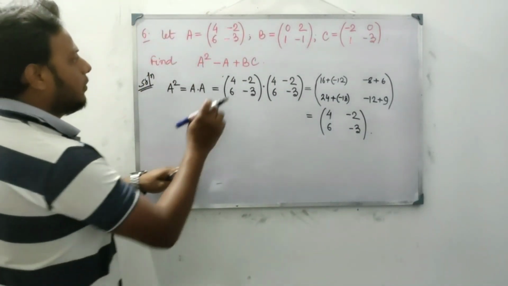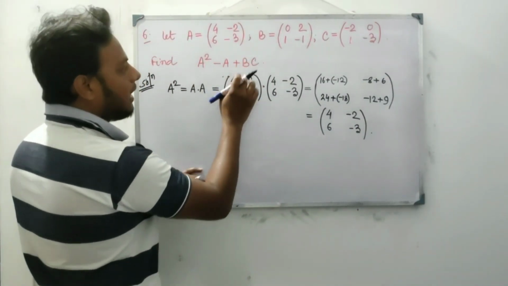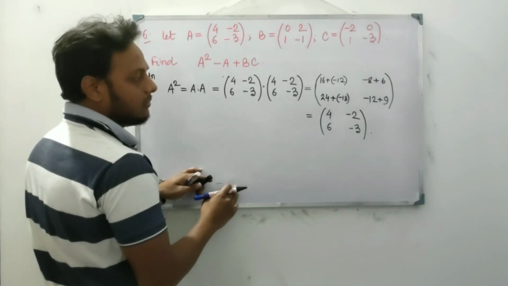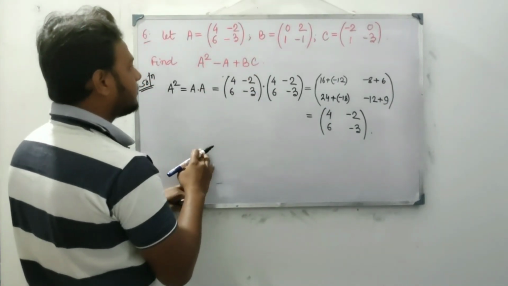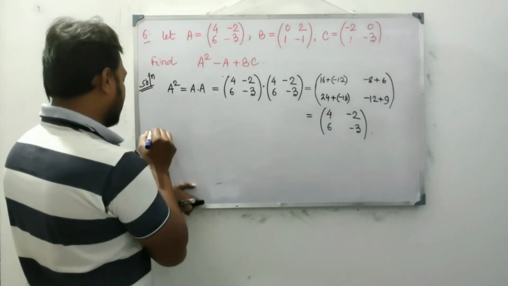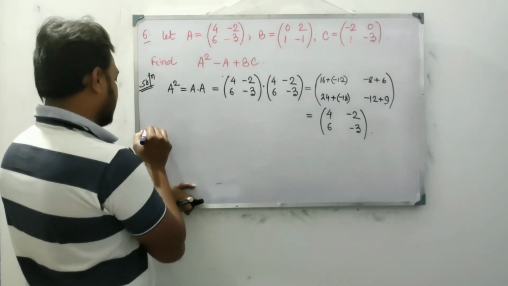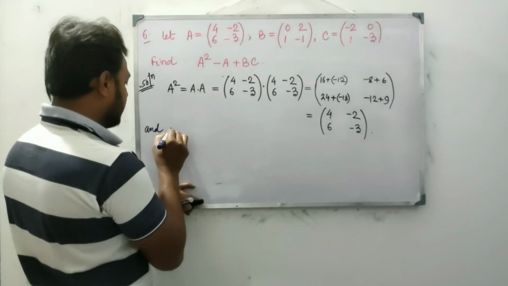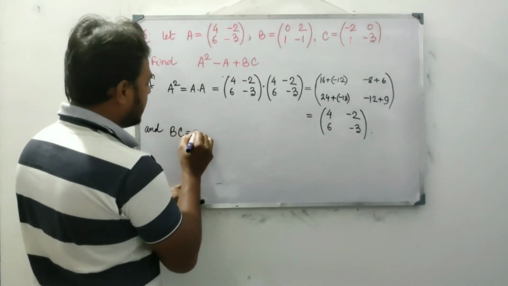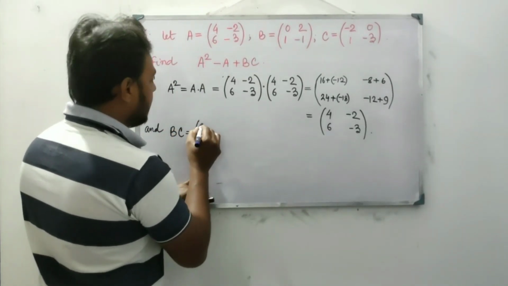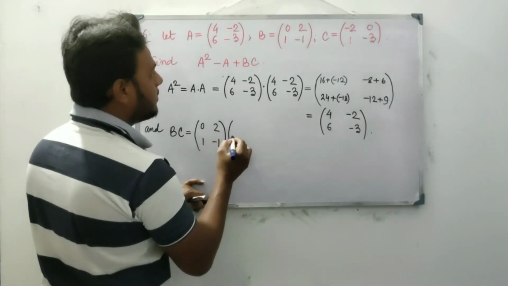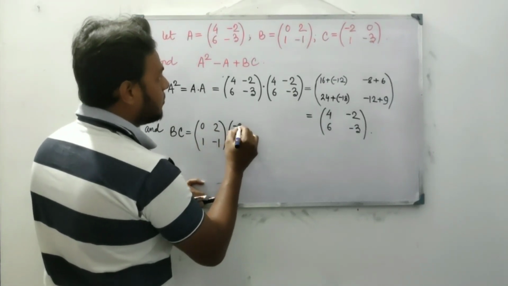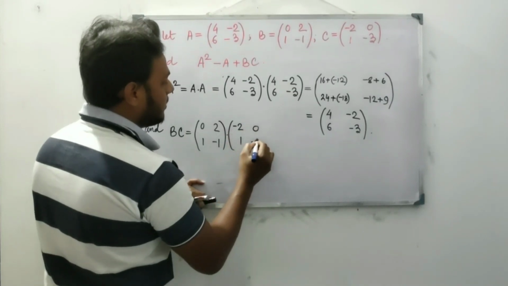Now we also need BC. We can calculate BC, meaning the multiplication of B and C. B is 0, 2, 1, minus 1, and C is minus 2, 0, 1, minus 3.